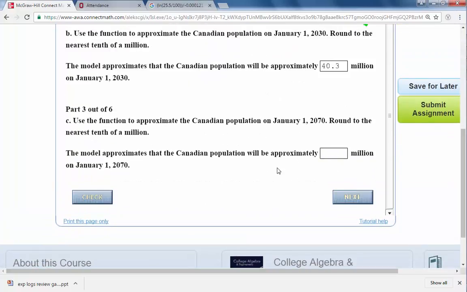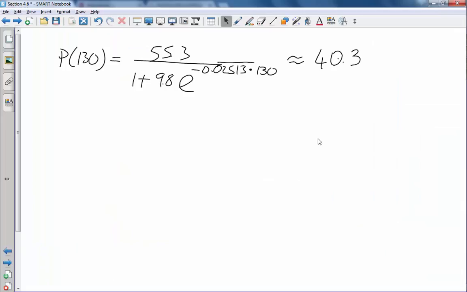Next. Alright, how about 2070? All you need to do is 170. Try 170 here. I think it's gonna be more than 40 million.